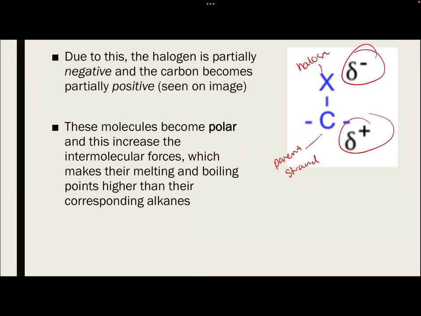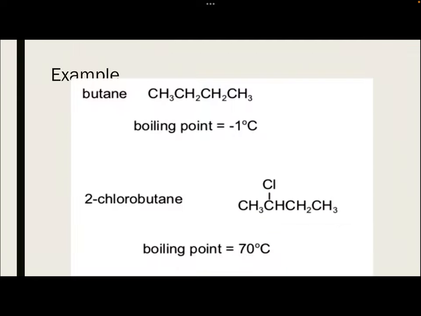Because these molecules become polar, this increases the intermolecular forces, and that makes their melting and boiling points higher than their parent alkanes. Our alkyl halides are going to be very strong with their electronegativity, and they're going to have higher melting and boiling points because we need to pull them apart. For example, butane has a boiling point of -1 degrees Celsius.